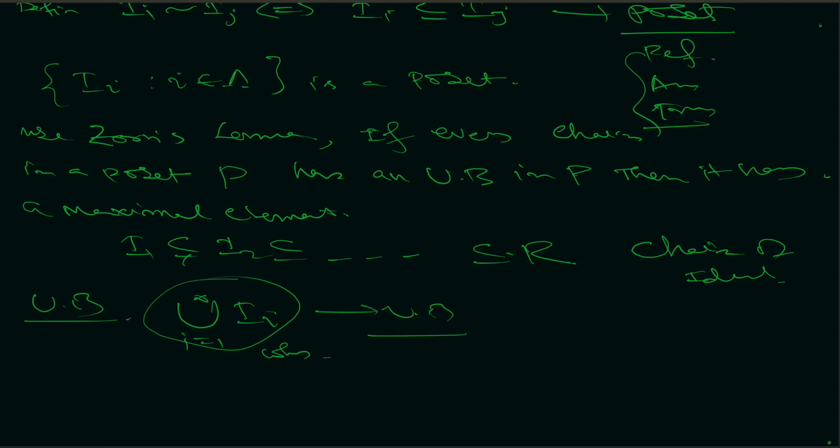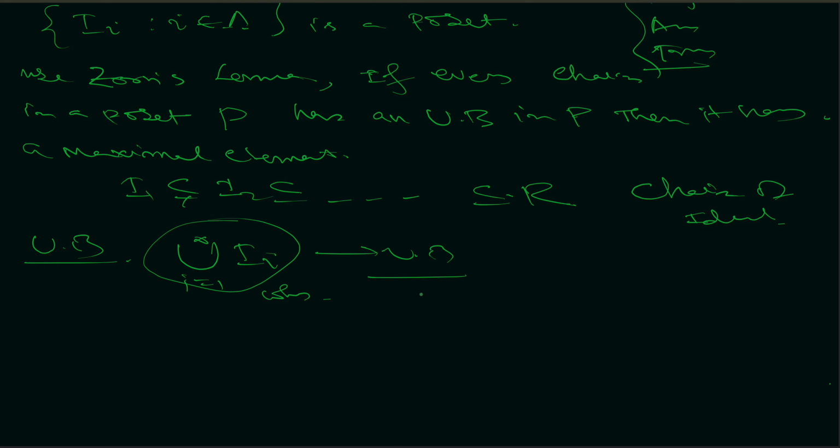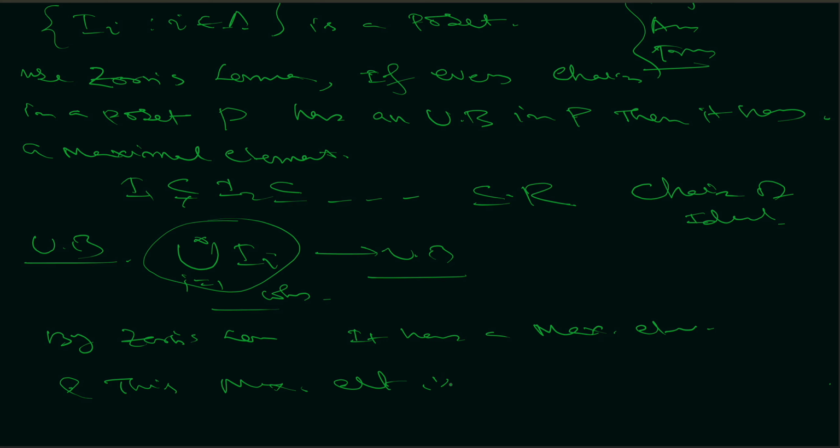So this chain has an upper bound, so by Zorn's lemma it has a maximal element, and this maximal element is our maximal ideal. That's the idea behind the proof.